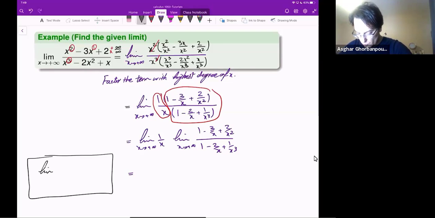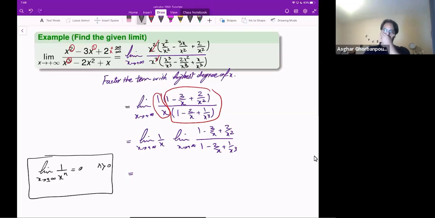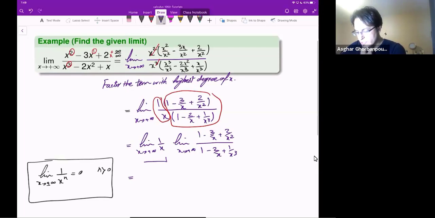The limit of 1 over x to the power n as x approaches plus infinity or minus infinity is always 0, assuming that n is positive. So just using that fact, I see that the limit of the first part is 0.